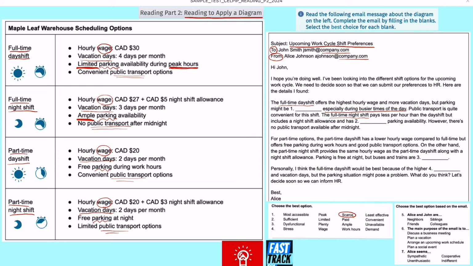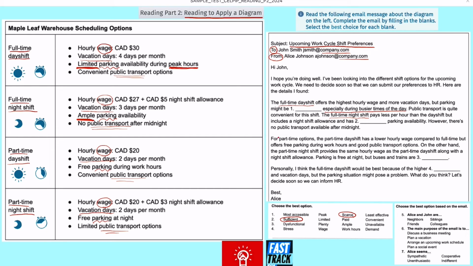So here, the question is, what does the word ample mean? And ample means a lot, plenty, right? So let's see which of the options matches this meaning. We have sufficient. Yeah, that sounds right. Limited. No, that's the opposite. Paid. No, that's not something that's mentioned here. And convenient. And so the correct answer to number 2 is A, sufficient, which means ample.